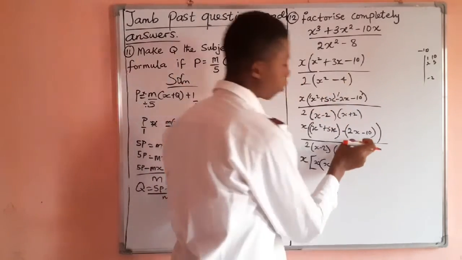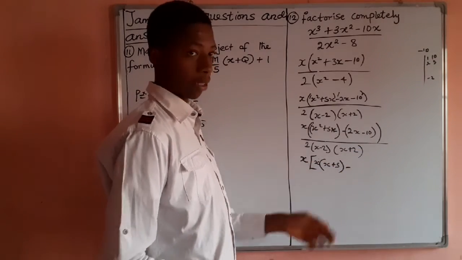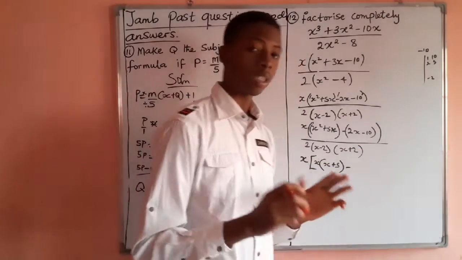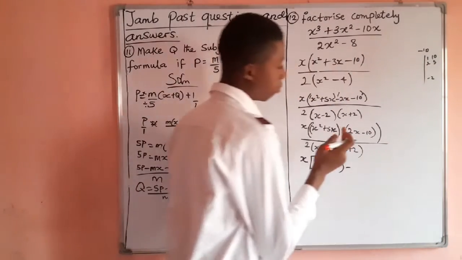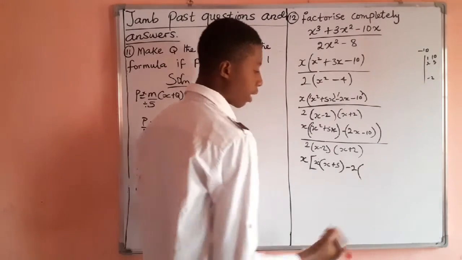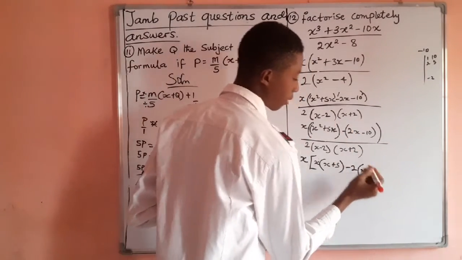Now you also have to look for what to bring out in this bracket that will give us the same thing that is in this bracket, because that's how quadratic is being solved. Once these two brackets are not equal, then you have a problem in your question. Now what do we bring out? You should know we bring out minus 2. Why do I say so? Minus 2 going into 2x will give you 1x.